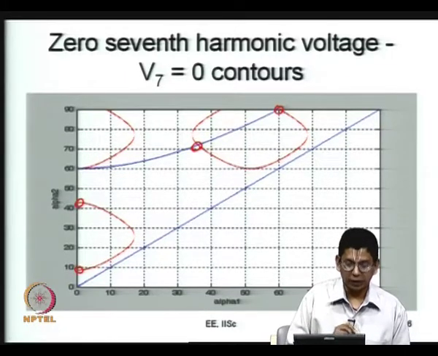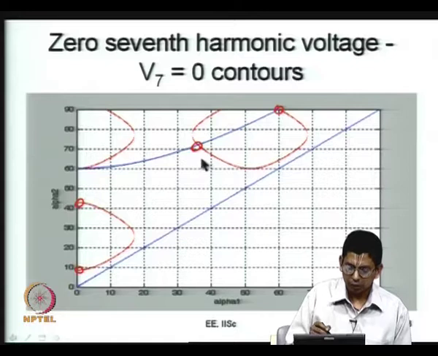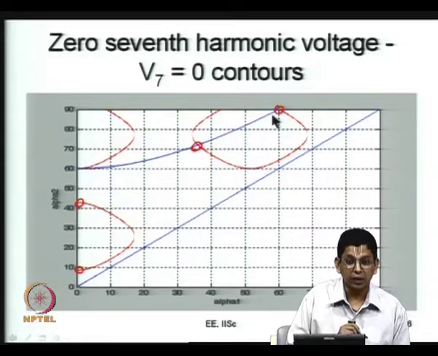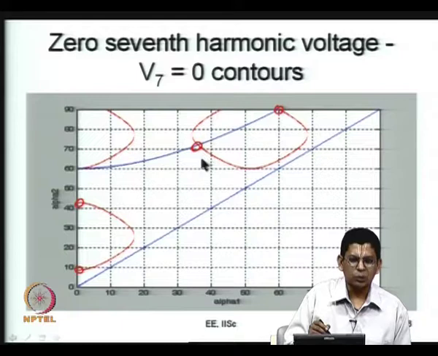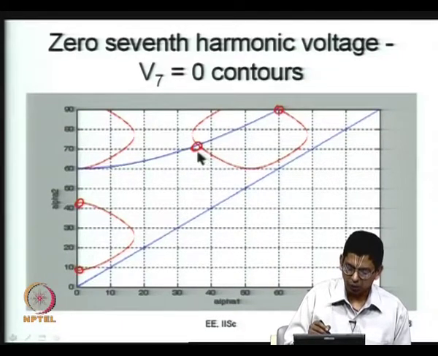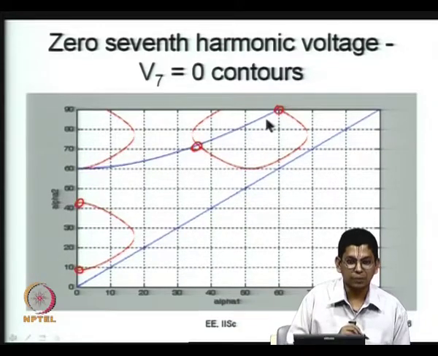So, if you are considering V1 is equal to 0, there are 2 points available for you here and here. These 2 points eliminate seventh harmonic for you while guaranteeing whatever V1 you want. You take any V1 which is small like 0.02, 2% or 3%, you are going to have something very close here. So, you will have 2 different solutions possible now, correct. So, which of the solution you will choose?